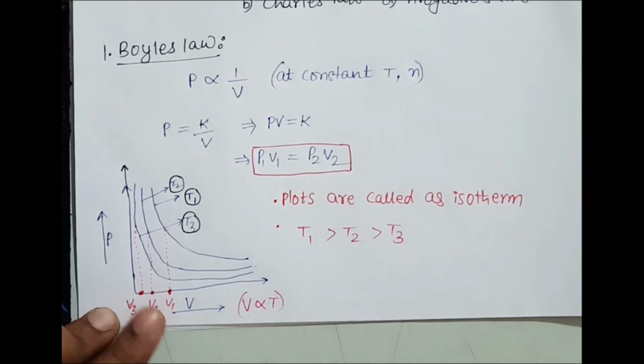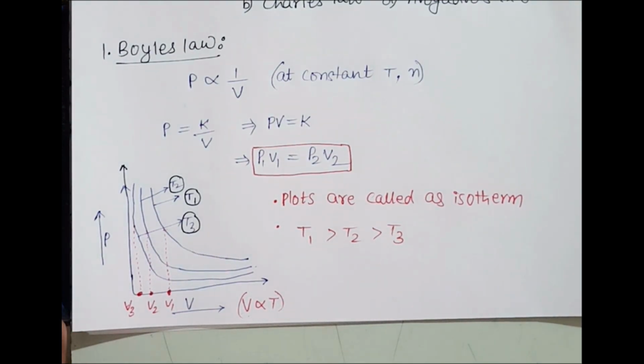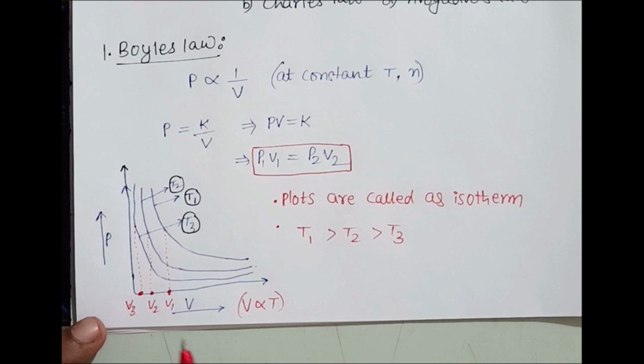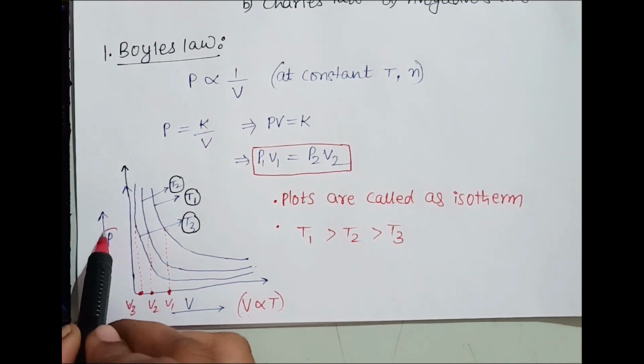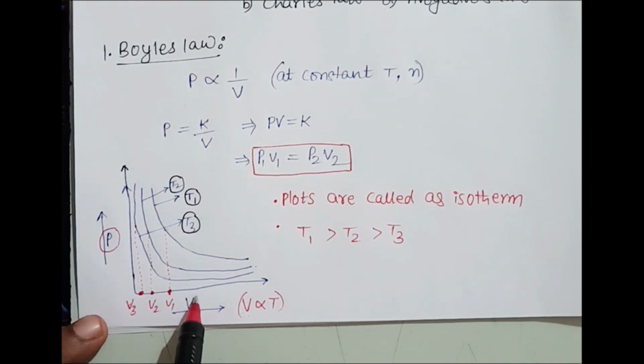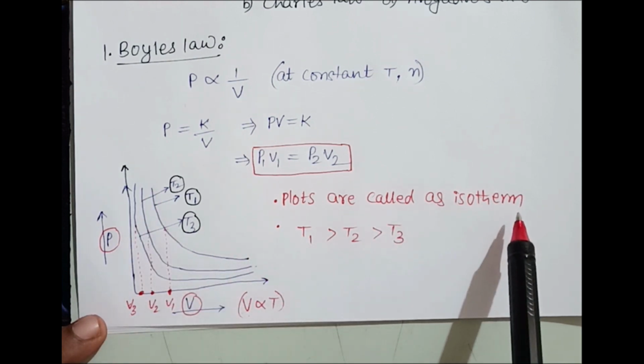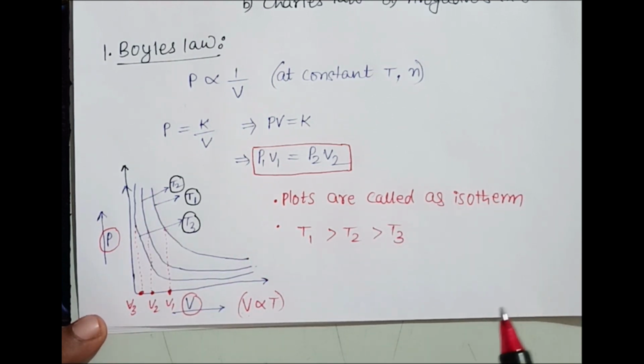Yes, this is a very important point about the graph of Boyle's law. Everybody can draw the graph of P versus V, and you have to keep three points in mind. First point, the plots are called isotherms because here temperature is constant.